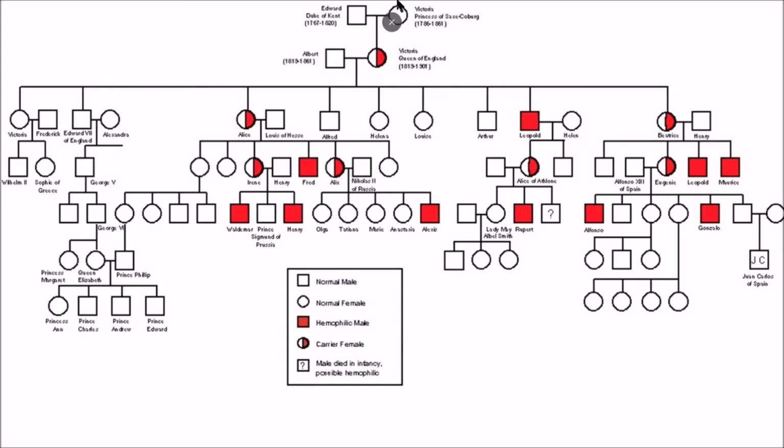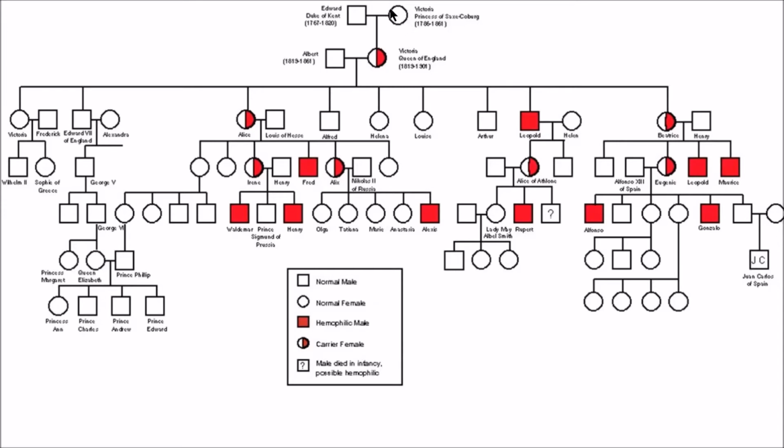And the answer is not in Queen Victoria. She inherited it. It would have happened either in the testicles of Edward, Duke of Kent, or in the ovaries of Victoria, Princess of Saxe-Coburg, when they were in S phase, replicating their DNA before meiosis.